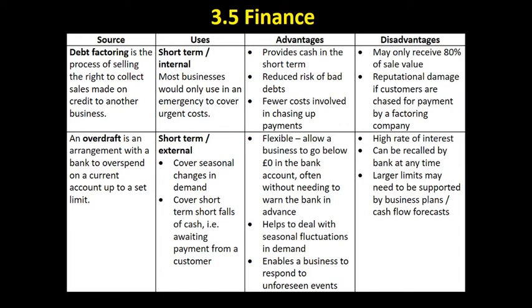So let's say a customer is going to give you £1,000 in 90 days, but for some reason you suddenly need that money before that is due to you, you may well sell that IOU to a debt factoring company. Now then, the debt factoring company would then own that IOU and be able to chase the customer up and collect your £1,000. They would buy the £1,000 IOU off you for something like £900.